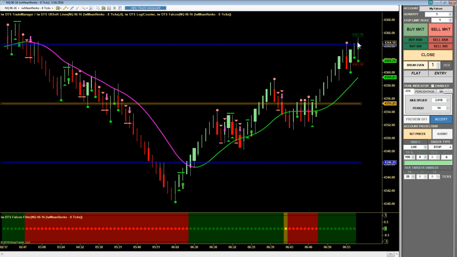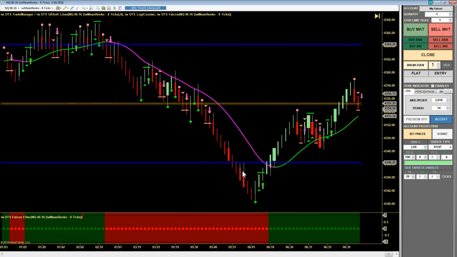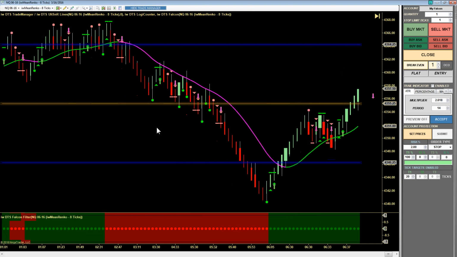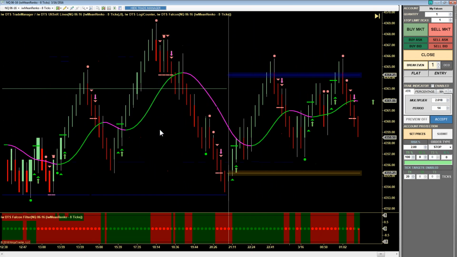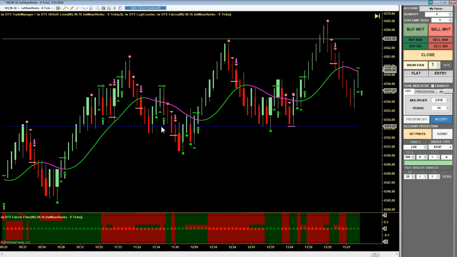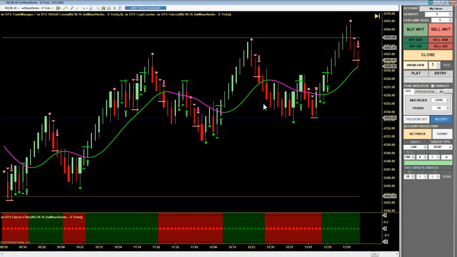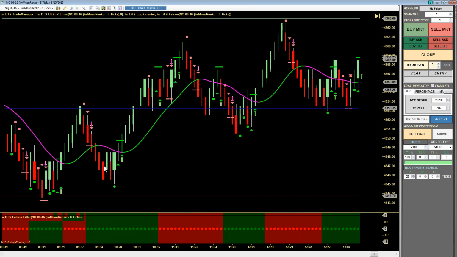Once the market gets above the primary resistance and stays there, then we usually expect a bullish market. And once it gets below the primary support and manages to stay there, we usually expect a bear market. But you can see it does a pretty decent job of highlighting where support and resistance is likely to occur.